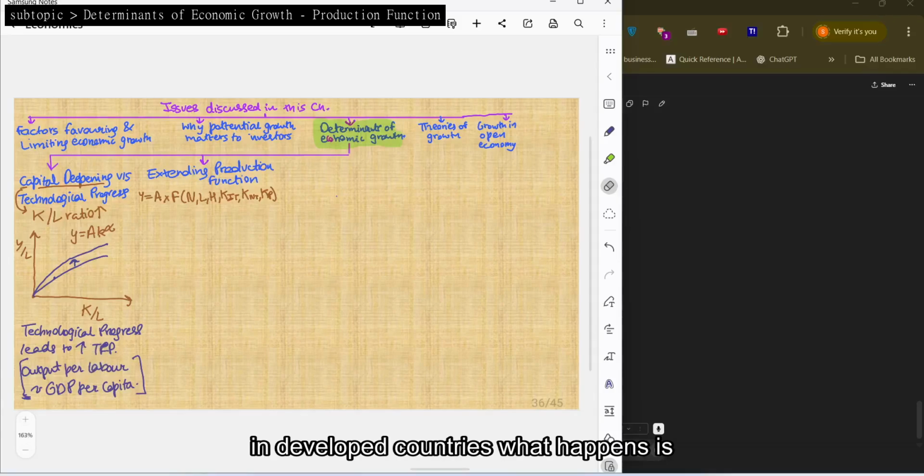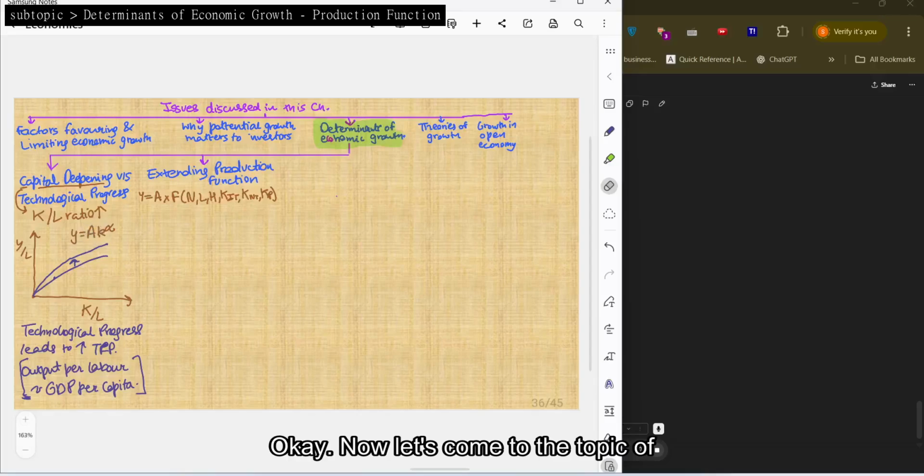In developed countries, there is already a very high amount of capital per labor invested. So if a developed country wants to increase its GDP per capita, it has to do so by achieving growth in total factor productivity, or as we call it, growth in the level of technology.